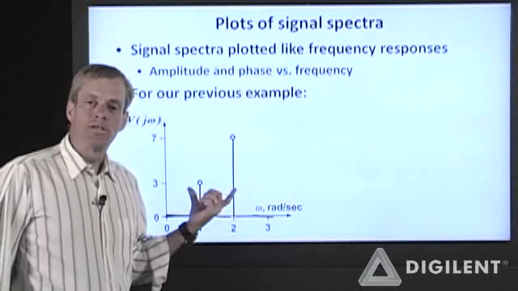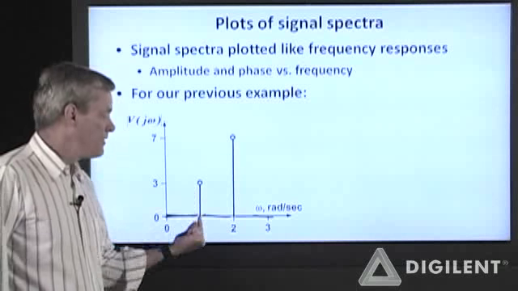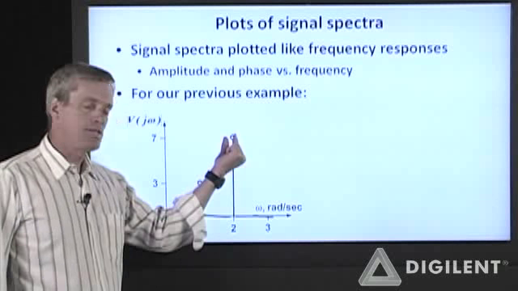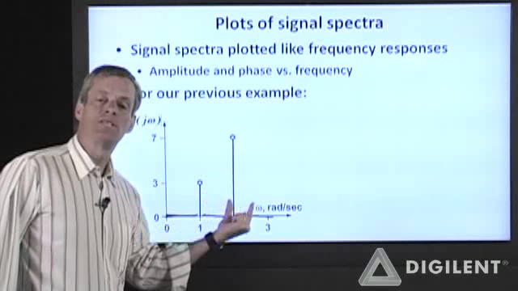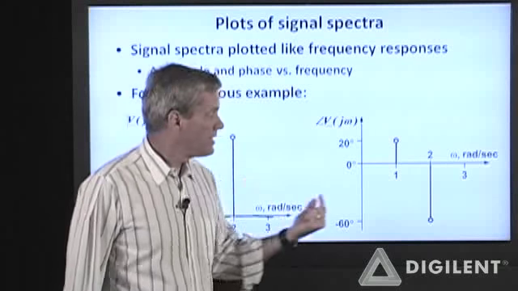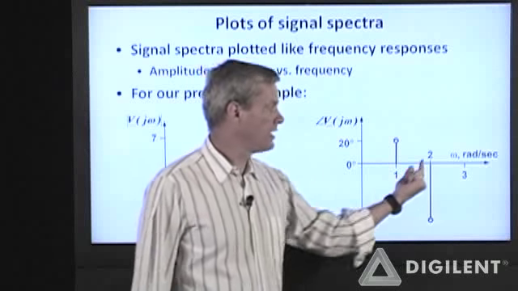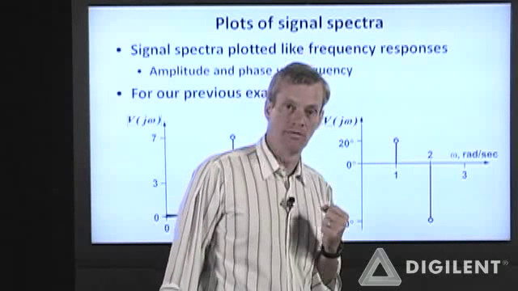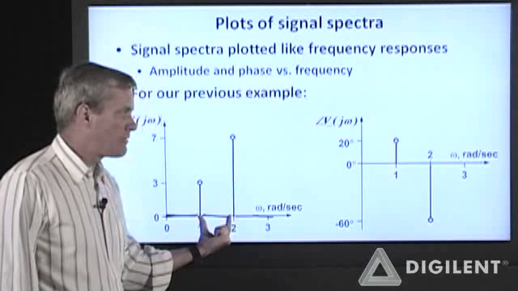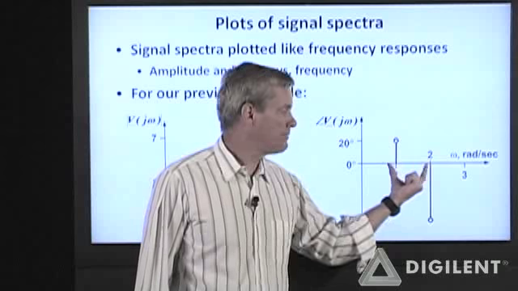These are sometimes called stem plots, line plots, lollipop plots. They're just indicating that this is defined only at certain specific frequencies. The phase response is also defined only at frequencies of 1 radian per second and 2 radians per second. The magnitude is 0 everywhere else. That actually makes the phase somewhat undefined, except at these 2 points.